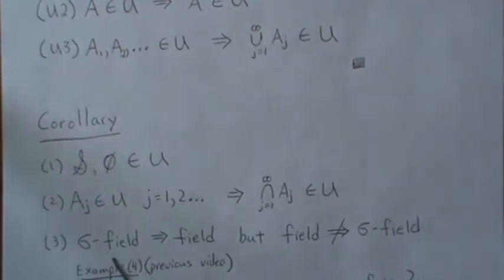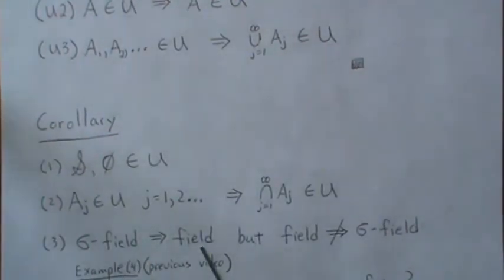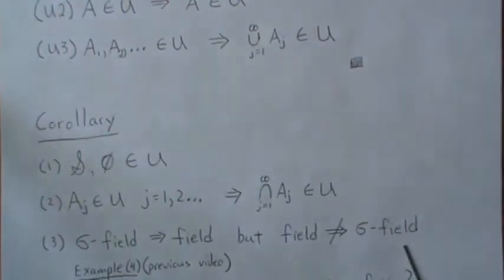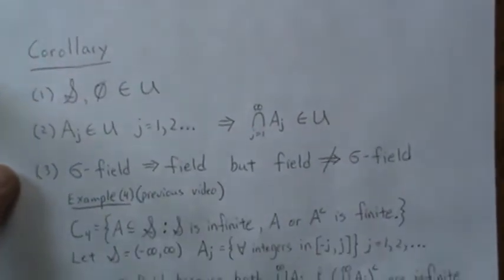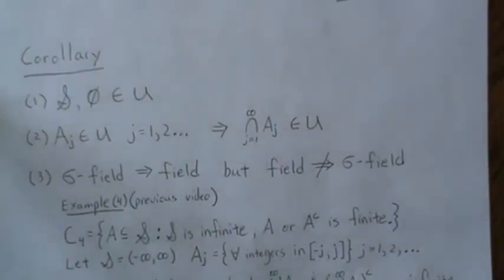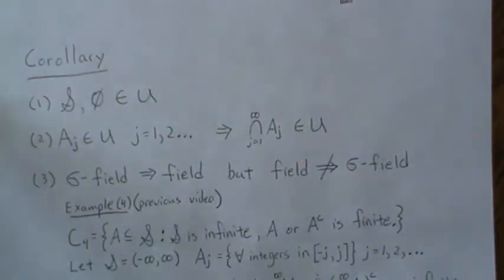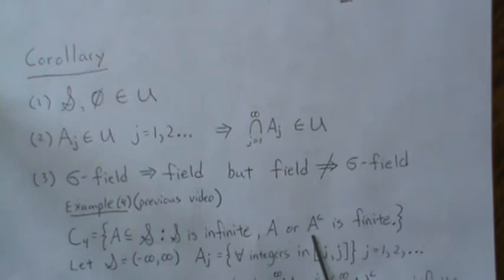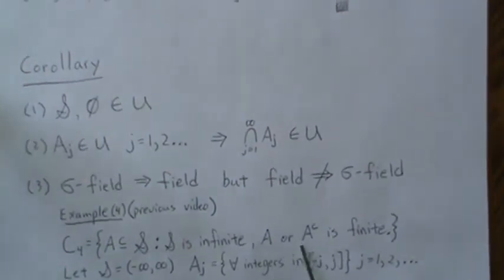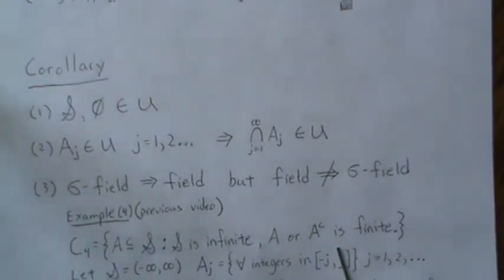Now, I mentioned earlier that a sigma field is a field, but a field is not always a sigma field. And here's a quick example. In C4, the class that we introduced in the previous section, if our sample space is infinite, and we want all the sets A such that A or A complement is finite, this was a field, and we proved that.